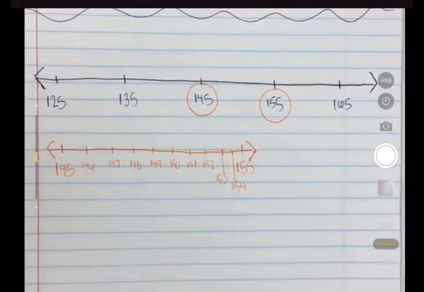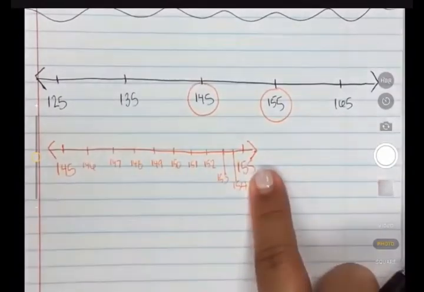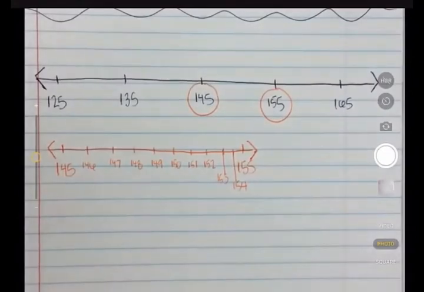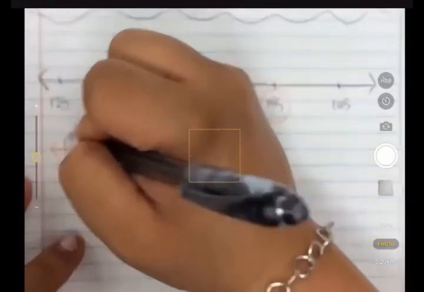All right, so what we're going to do next is we're going to hop. We're going to hop from 145 to 155 to see how many hops it took us to get there. So from 145 to 146, that's plus 1.